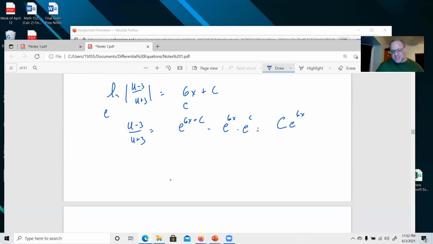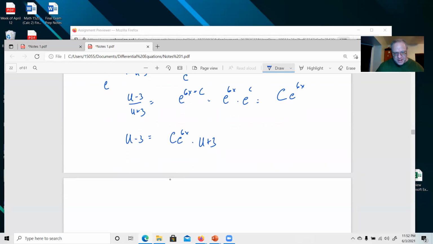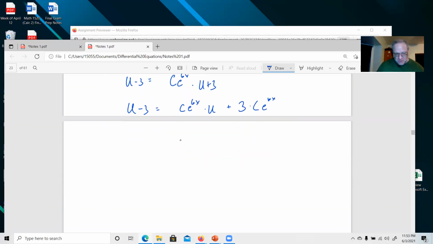This is the same kind of a shuffle that we're going to be doing here. So we have u minus 3 is equal to c e to the 6x times (u plus 3). Okay. Here's the shuffle.